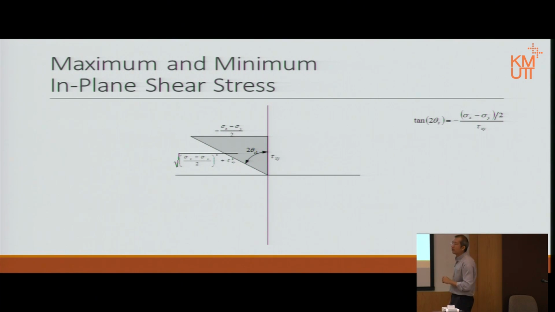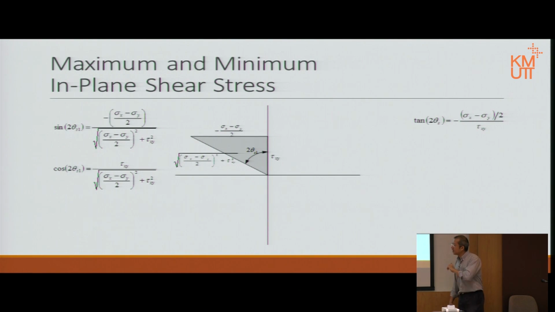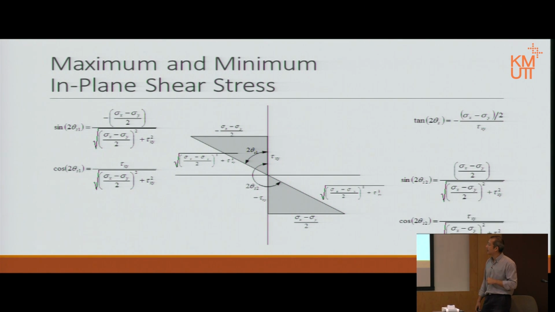We know two sides of the triangle, then we can use Pythagoras, and of course we can work out the value of the sine and the cosine. Okay, with the idea that this is the whole 4 quadrants, there must be the opposite quadrant we have to contend with, and that is of course this 2 theta s2. With the same idea, we can work out the sine and the cosine for that angle too.